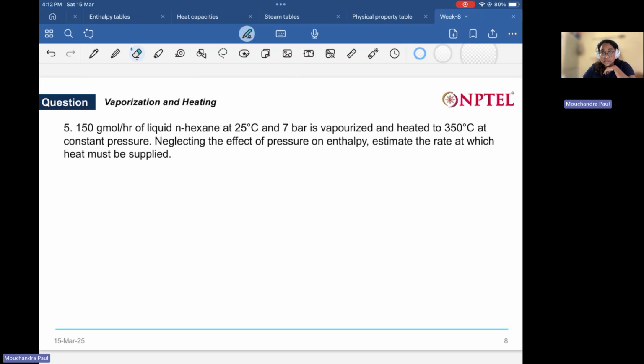It is vaporized and heated to 350 degrees Celsius at constant pressure. Neglect the effect of pressure on enthalpy. Estimate the rate at which heat must be supplied.